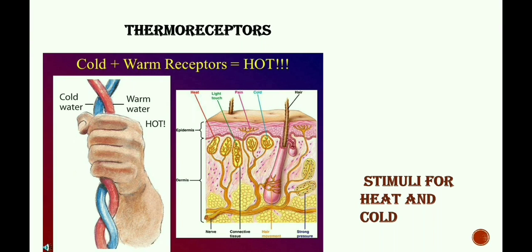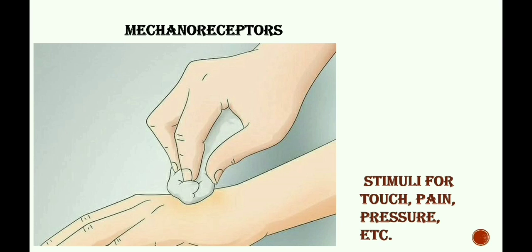Location is skin, and function is that it receives sensory stimuli for heat and cold. If I say heat, you can call it as calorie receptors, and if I say cold, you can say it is trigonoreceptors.